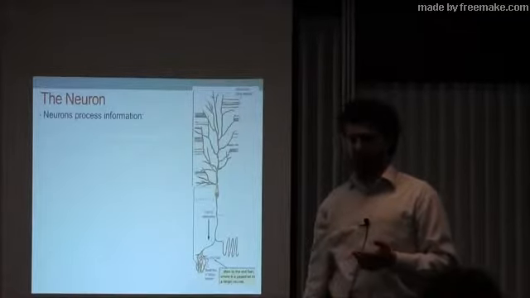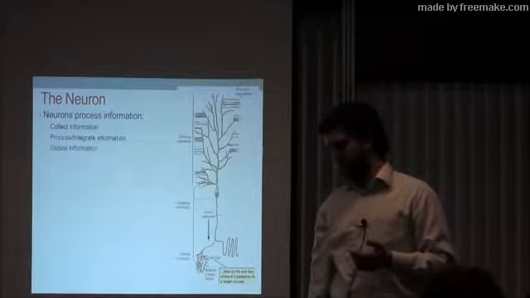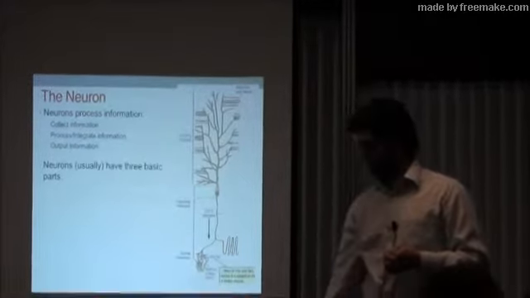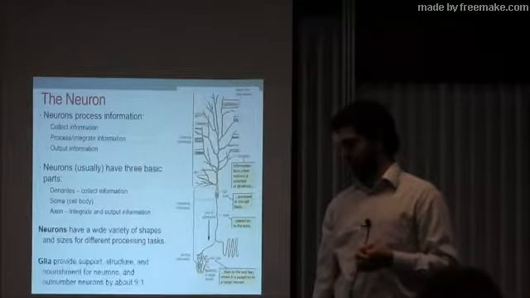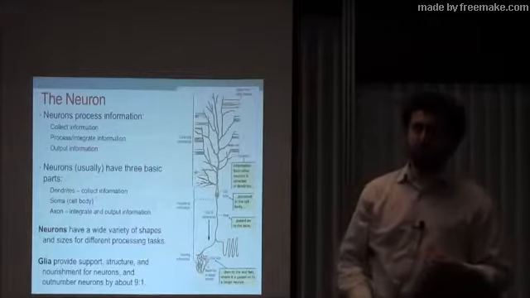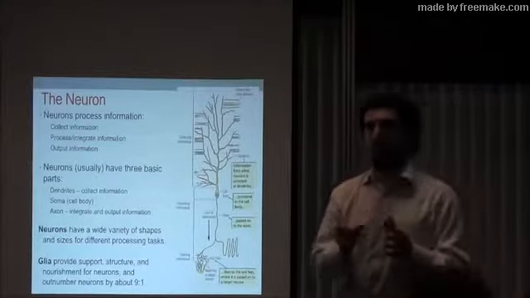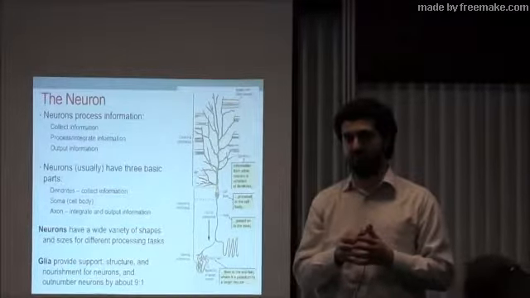What we agree upon so far is that neurons process information. They collect, they process, and they give output. We spoke about the three basic parts, and they have a wide variety of shapes. Are neurons the only type of cells present in the central nervous system?